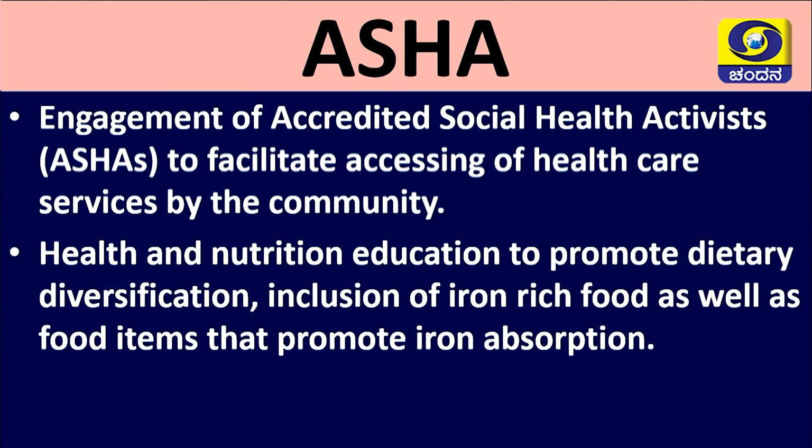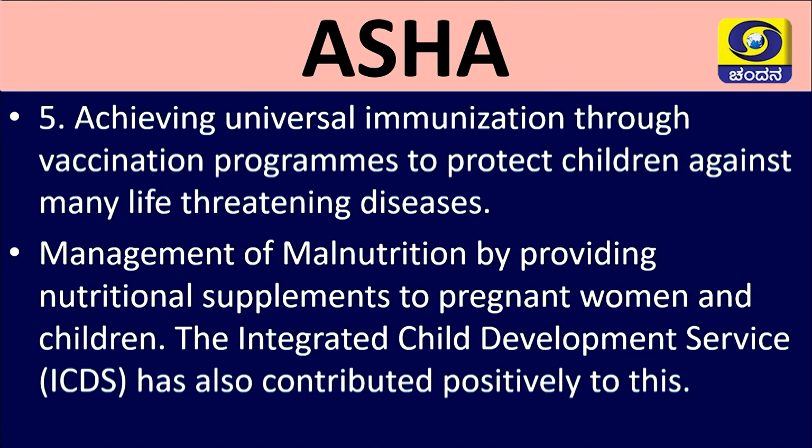Engagement of accredited social health activists, ASHAs, to facilitate access to health care services by the community. Health and nutrition education to promote dietary diversification, inclusion of iron rich food as well as food items that promote iron absorption. All these are suggested to the rural women through the activists of ASHA.